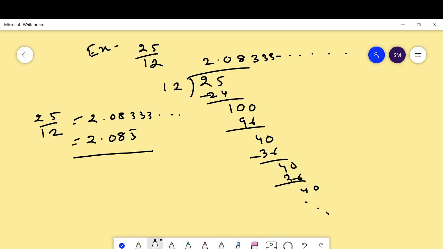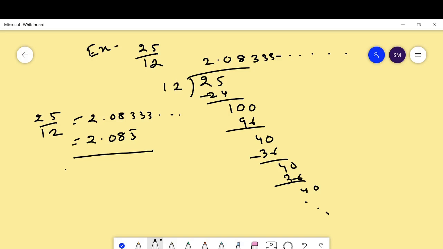Without long division, without any division, how can we say this is terminating? A rational number is given. Only by seeing this, how can we say whether this is a terminating decimal number or a non-terminating decimal number? By taking the prime factorization of its denominator.